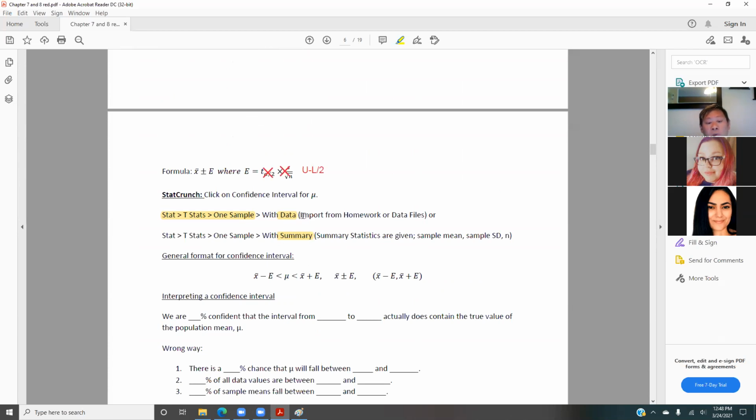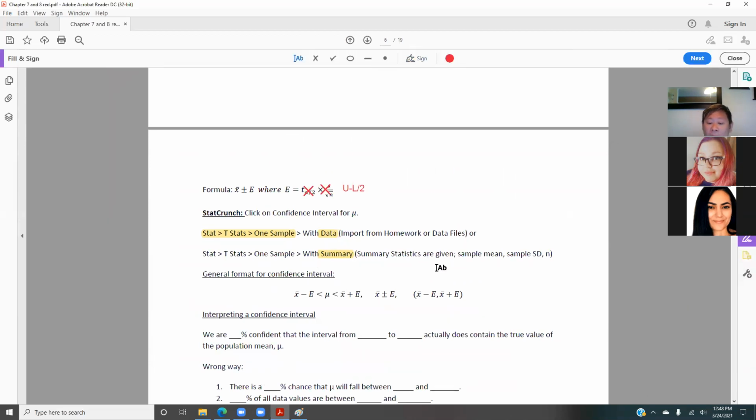Then when you use your StatCrunch, they always give you the lower limit first, and then the upper limit. And you can always write this in terms of a number, like 56 < mu < 79.